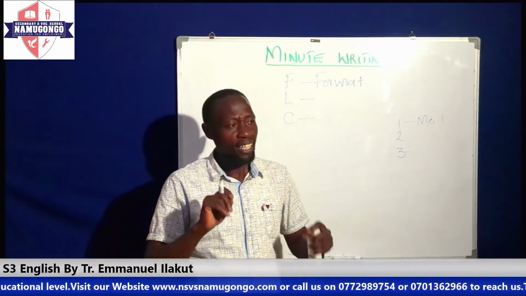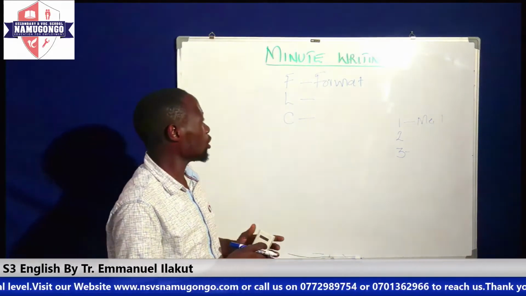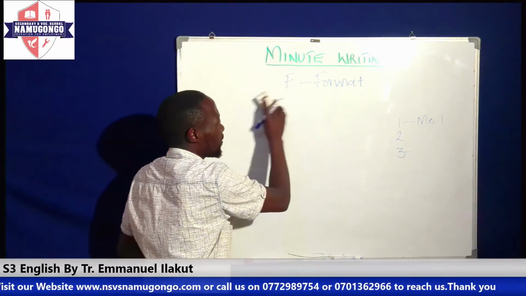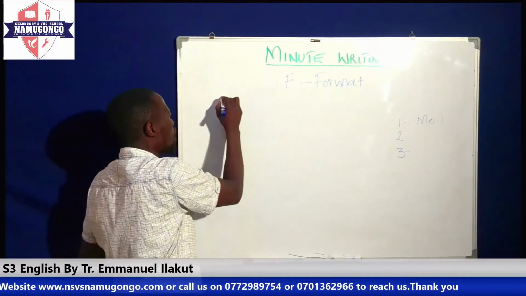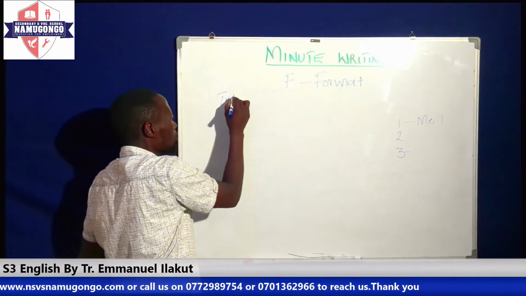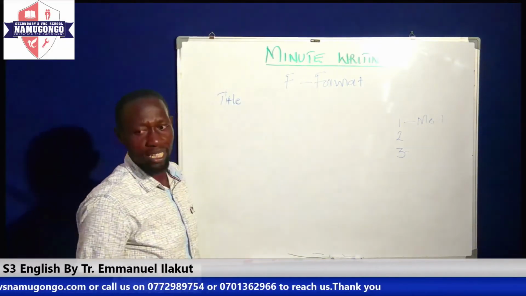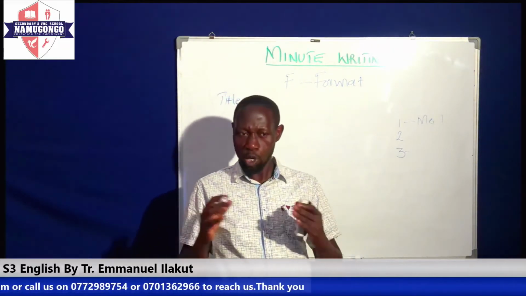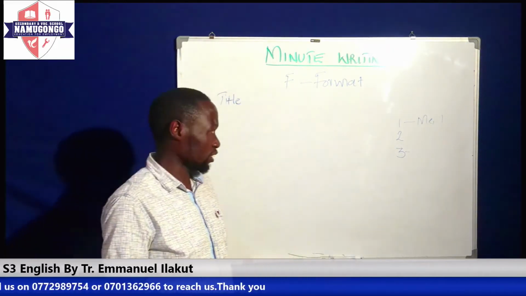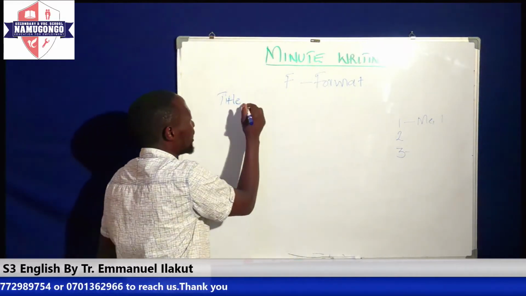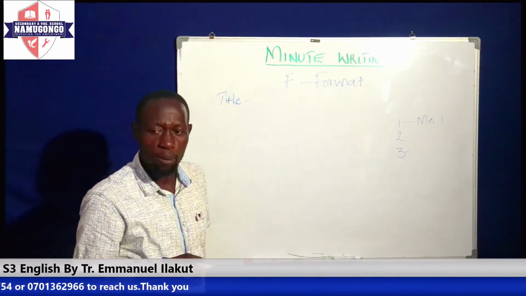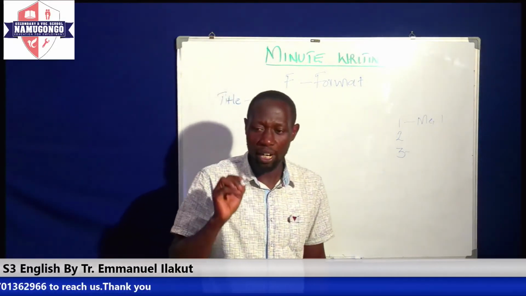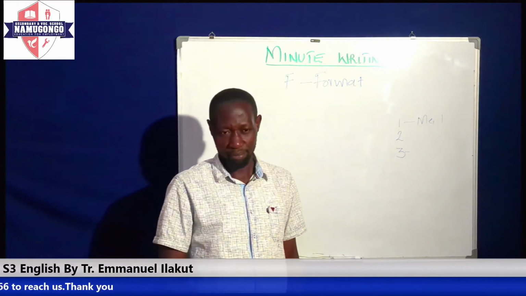1. The heading or the title should be there. The title must be clearly indicated. What does the title contain for this case? 1. The title must show the name of the group meeting.